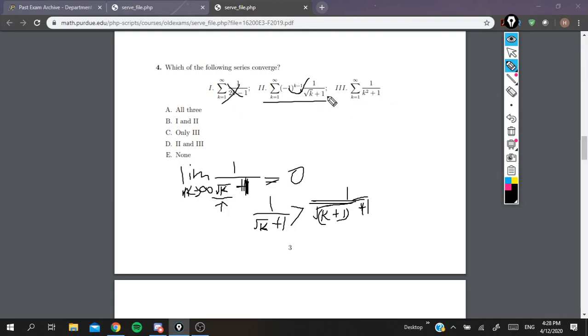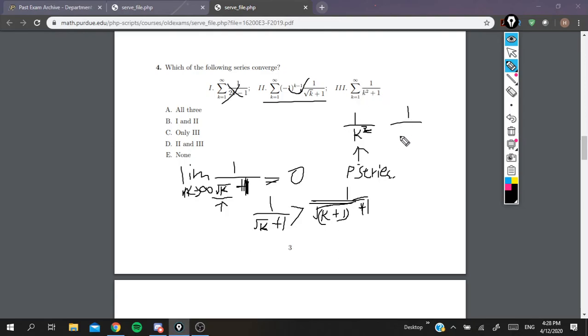And then this, similar to series 1, you can compare this to 1 over k squared, and thus, since it's a p-series, it converges.